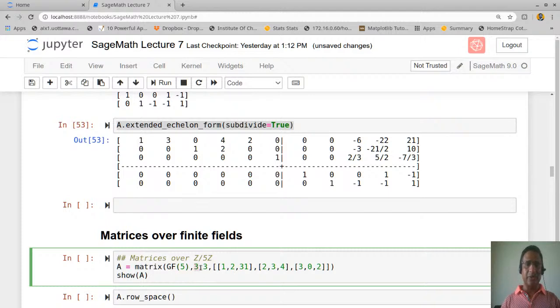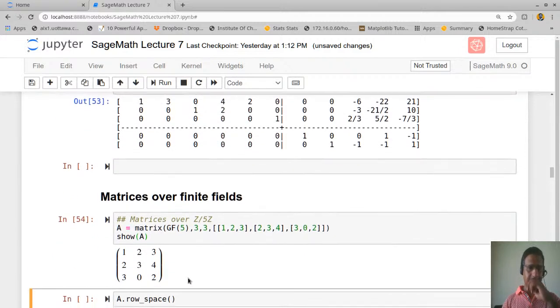Now let us say that we want to define a 3 cross 3 matrix, and the elements are 1, 3, 31. So how will this 31 appear? You have to go modulo 5, whatever is the remainder, but let us just say 3. It is 1, 2, 3, 2, 3, 4, 3, 0, 2. And if I ask it to show, this is what you have.